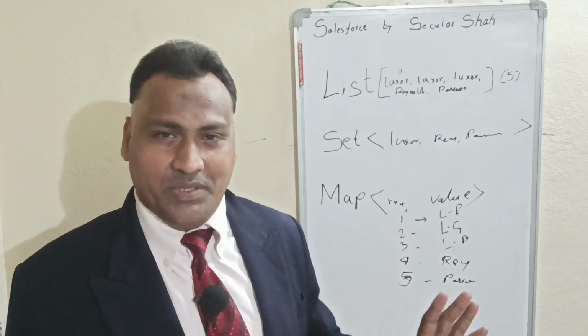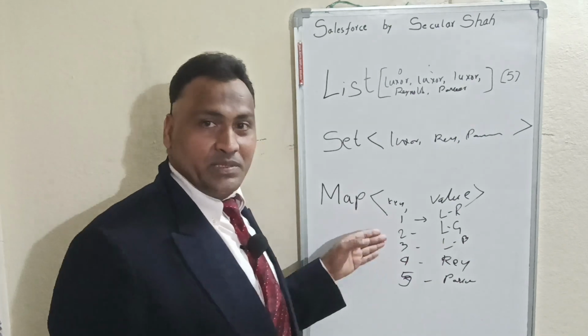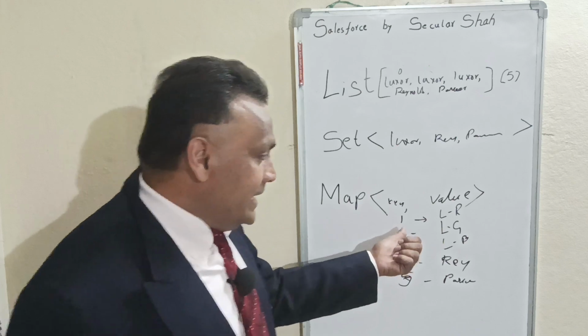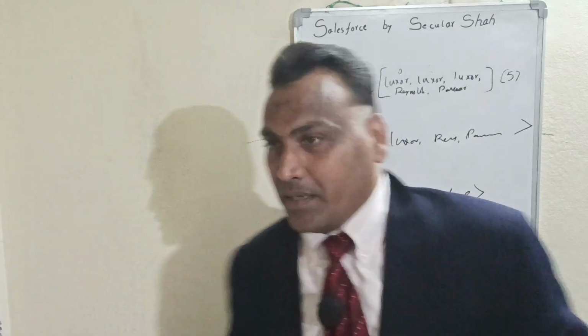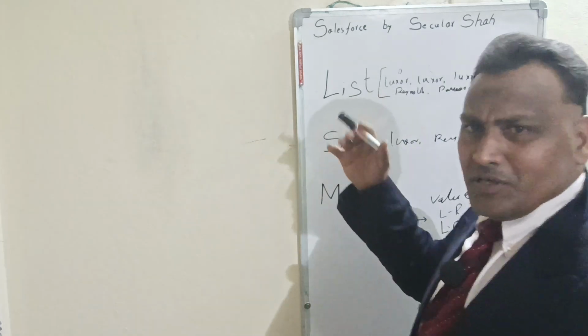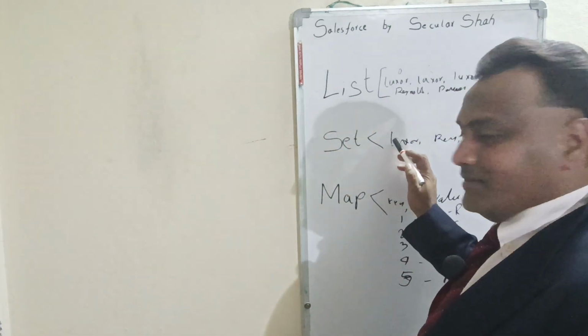Simple, simple. So here in the map, you are going to store multiple items where you will be having an ID, I mean a key and a value. It's a pair. Coming to the list, you are storing straight away pen and company, unique values of pen, right?